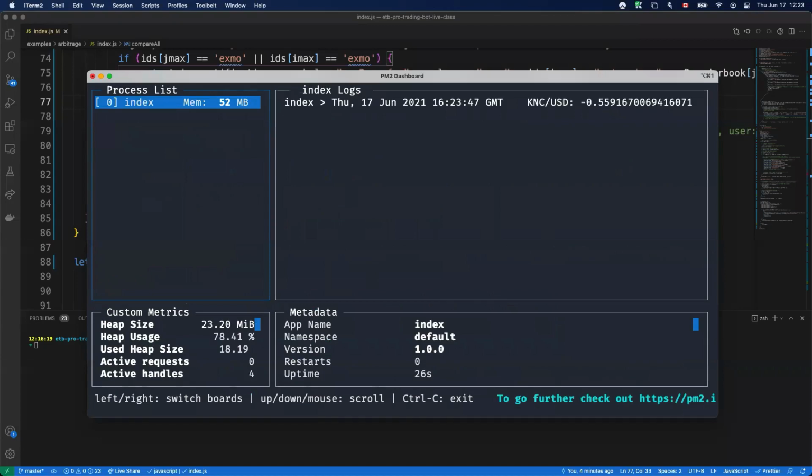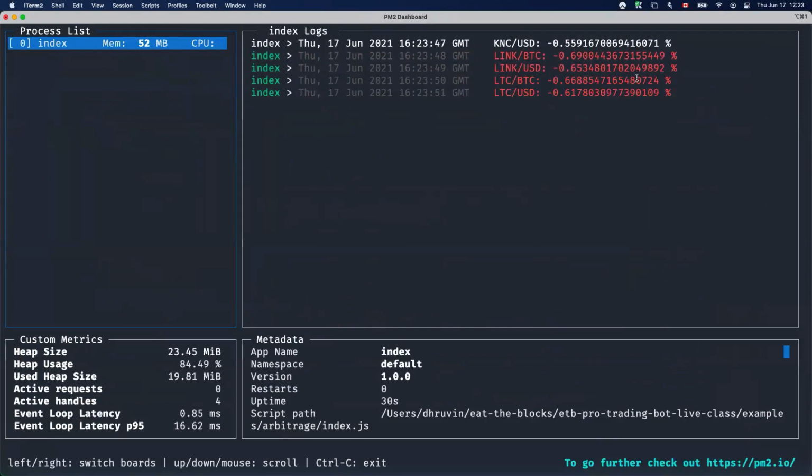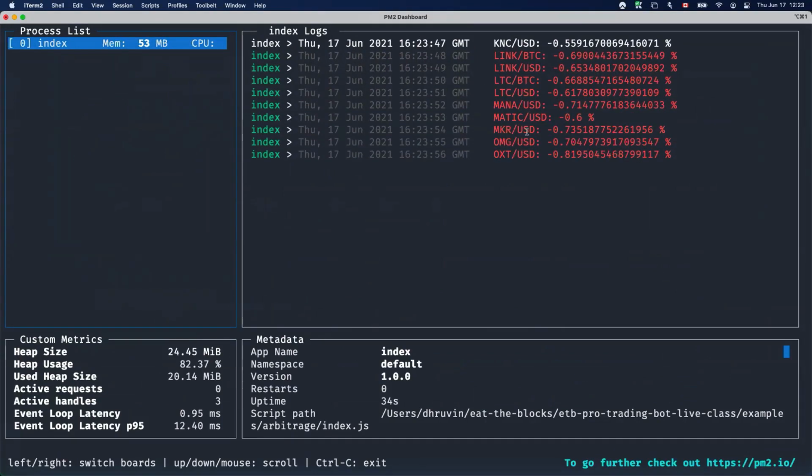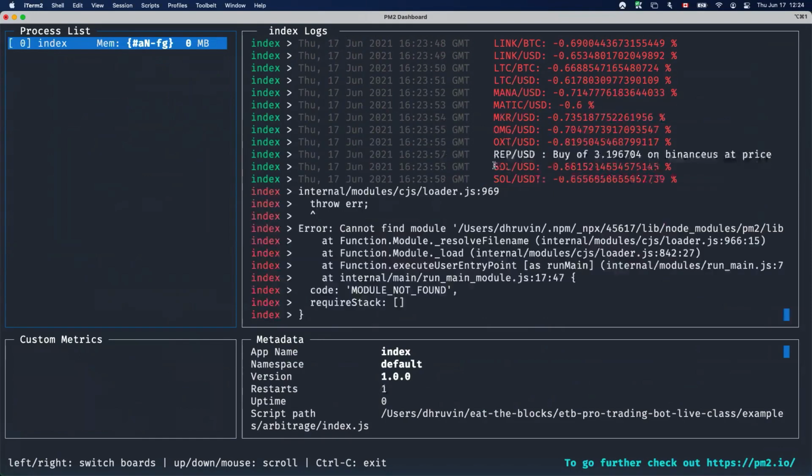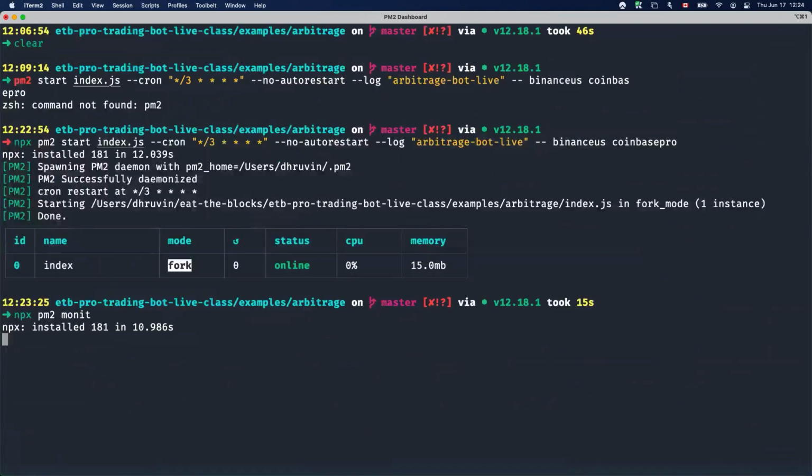So you can monitor all the arbitrages, and you can see here that there is again an opportunity between REP to USD of buying this much amount. Even if you stop this, it's going to keep running in the backend as well.